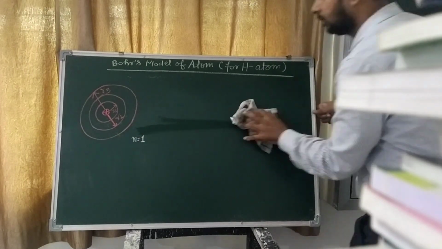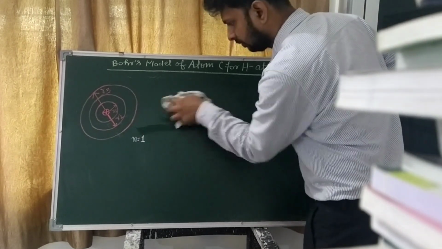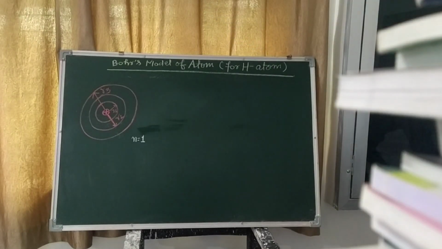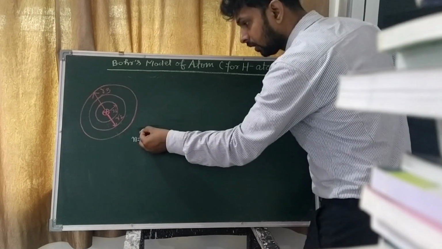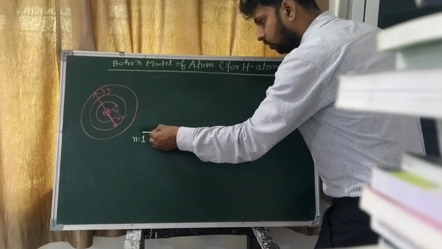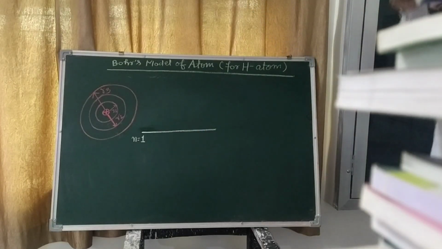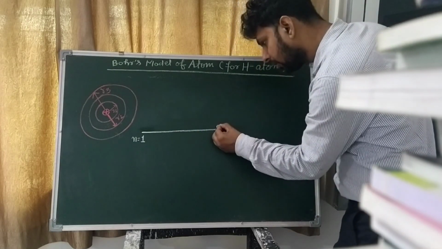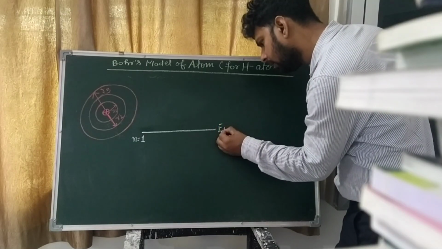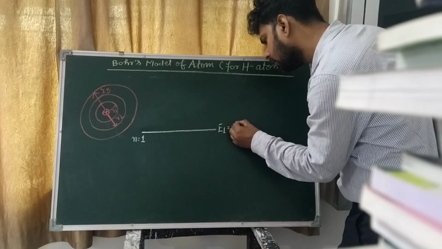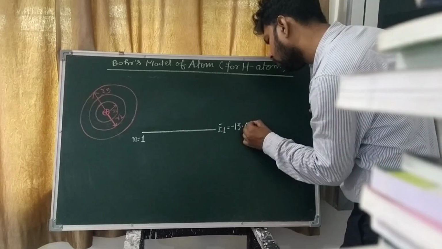So it is our first energy line having the energy E1, and that will be equal to minus 13.6 electron volt.